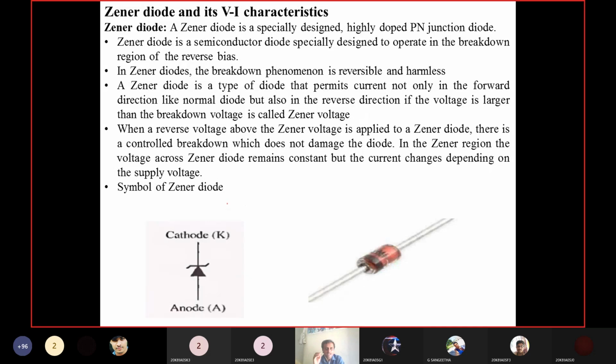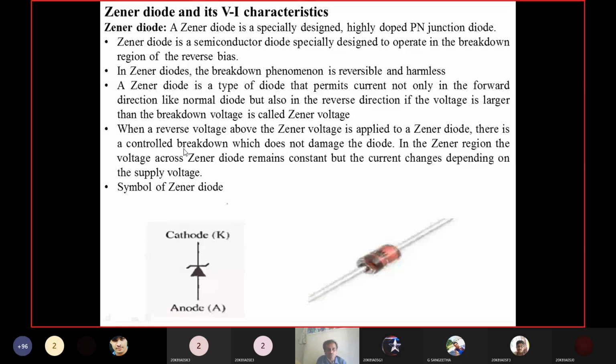In case of reverse bias, if you take the normal diode, what happens? After the breakdown voltage, the normal PN junction diode does not work. But in case of the Zener diode, at the reverse breakdown voltage, it works on breakdown voltage.